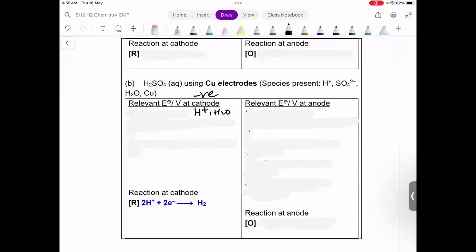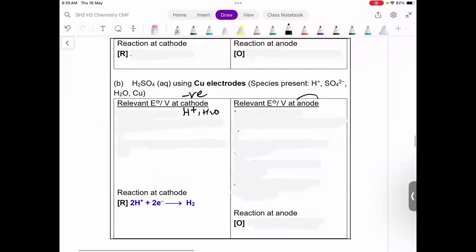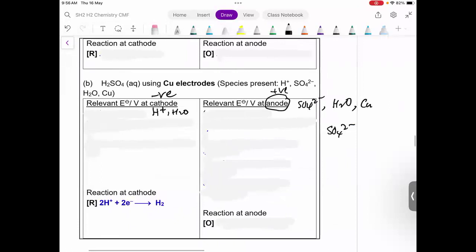Whereas for the anode, what do you think will happen? Anode, positive polarity, will attract your sulfates, your water, plus your reactive electrode copper. So these are the three species that you need to consider at the anode. Which one is preferentially discharged? Now remember, sulfate on the right side will come from S2O8 2-, and this E0 value is a positive 2.01 volt.